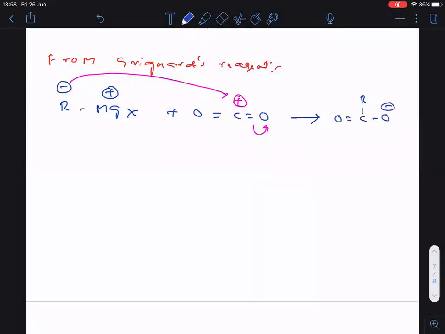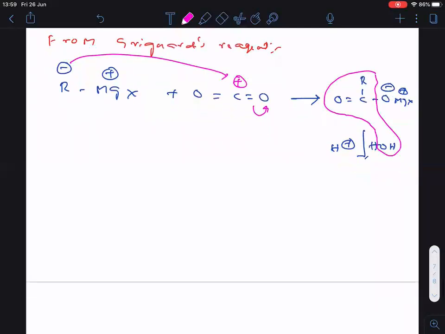Clear? Okay. RCOO minus MgX plus. This, on further acidic hydrolysis, so now you see here, RCOOH.